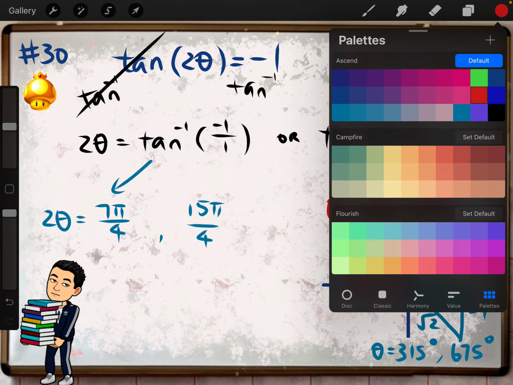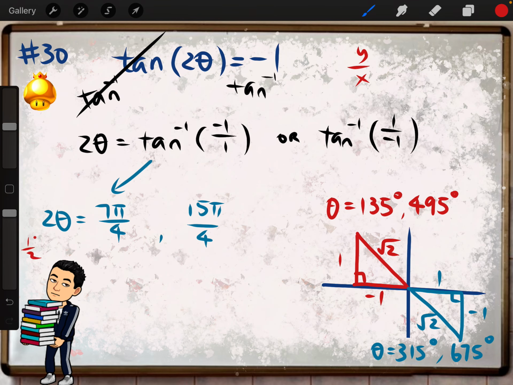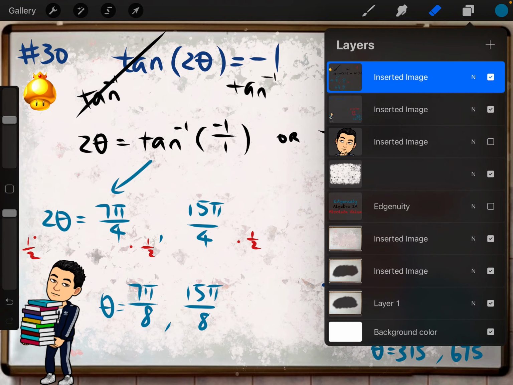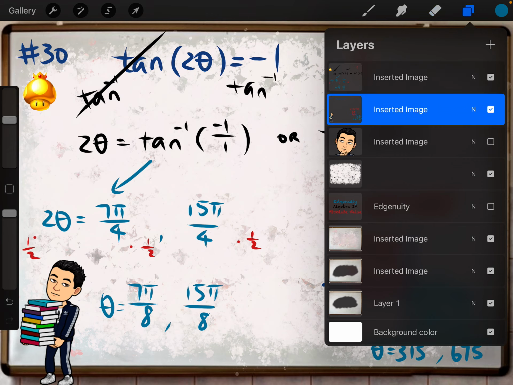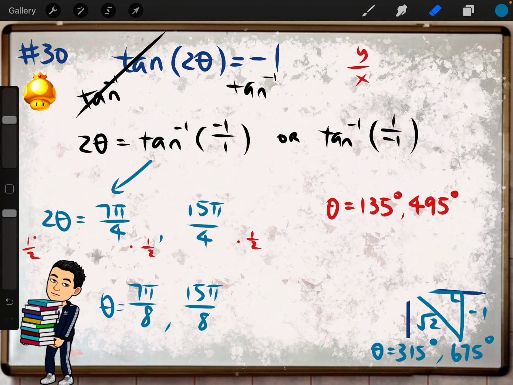Then I'm going to multiply by 1/2, so I get theta equals 7 pi over 8. Another one is going to be 15 pi over 8. Let's go ahead and do the other one. I just have to get rid of this for now because I need some space to operate.